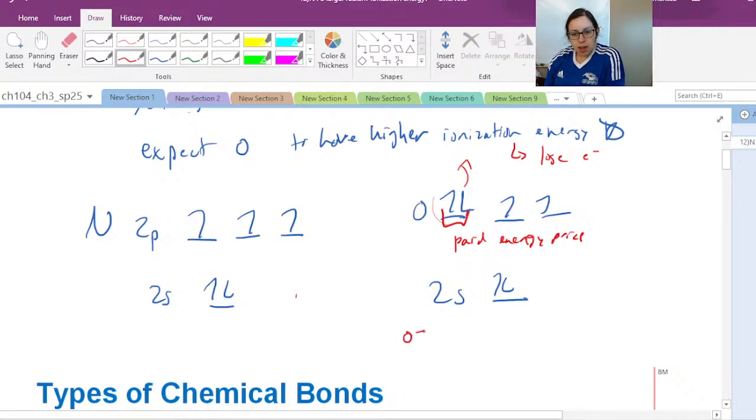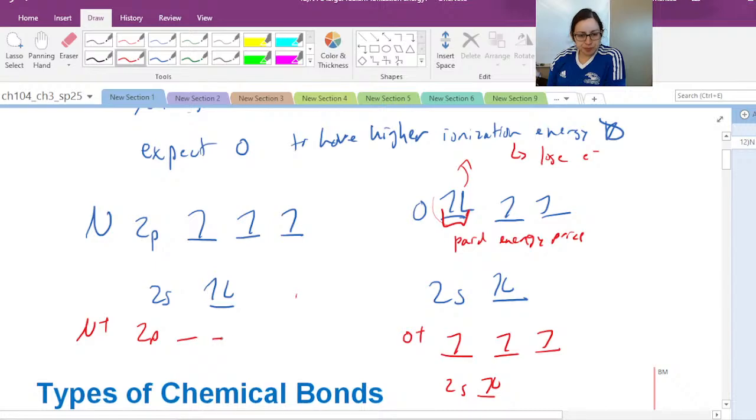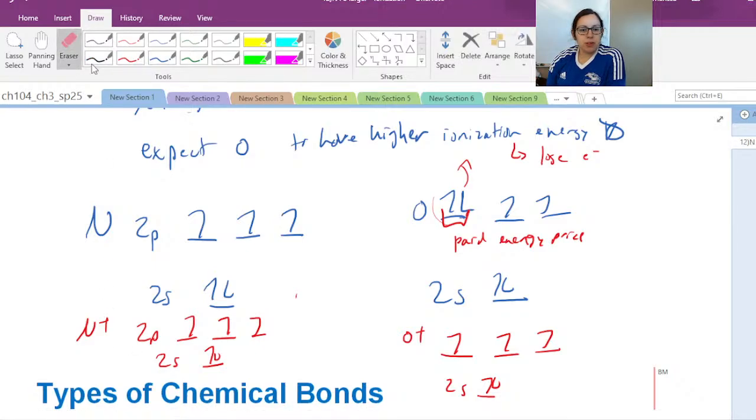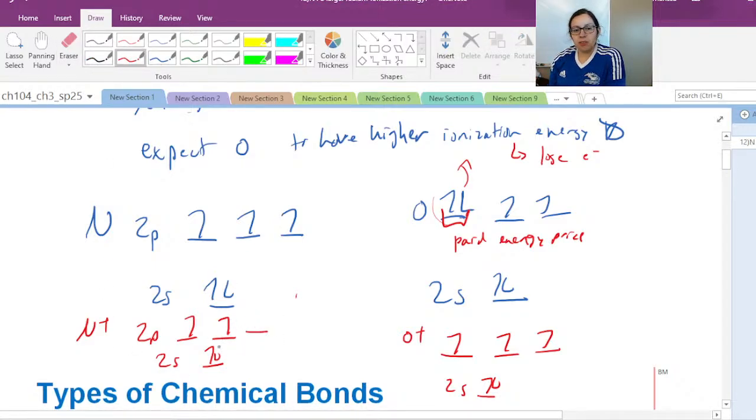So now you're thinking about the neutral versus what's going to happen to ionize. With oxygen plus, we don't have that paired electron, so it's happy about that. Versus nitrogen plus is actually going to have a slightly higher ionization energy because it has all of them filled, so it's unhappy to then lose that one and now just have this empty p orbital.